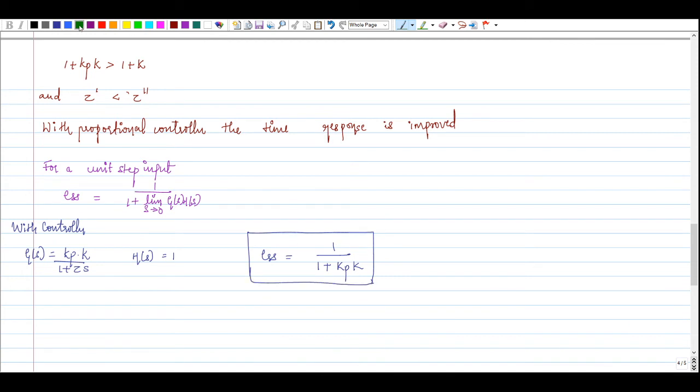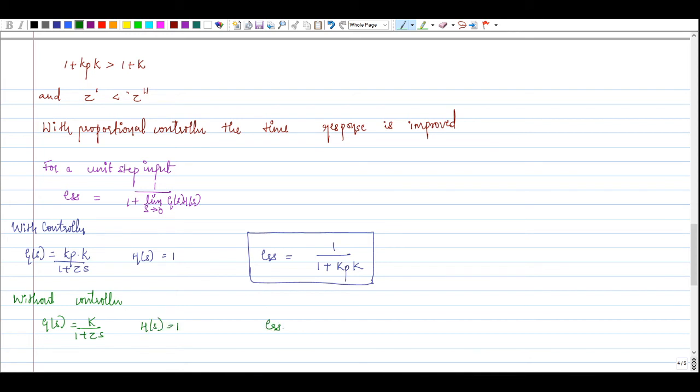Without controller, G(s) will be equal to only K divided by 1 plus tau s, and H(s) is equal to 1.